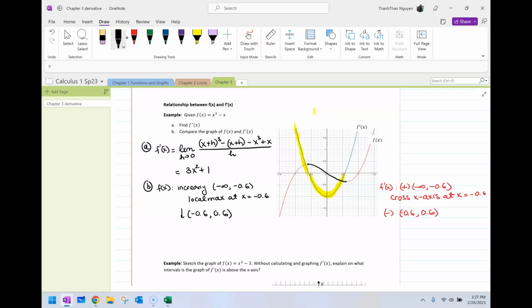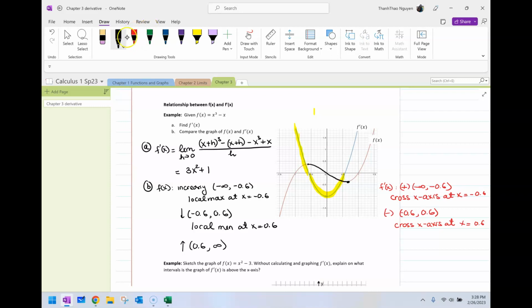F of x has a local minimum at x equals 0.6, so you can guess that f prime of x crosses the x-axis at x equals 0.6. F of x is then increasing from 0.6 to infinity.